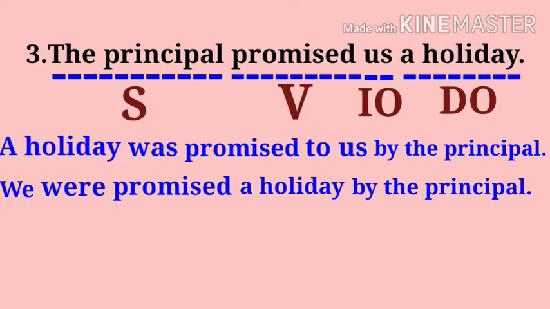Okay. Now next example. The boys were playing football on the ground. First of all, what do we have to do? First of all, identify the subject from the sentence and then the verb, and you have to ask the question with what or whom. Okay. Now see, the boys is your subject, and here, were playing is the verb.